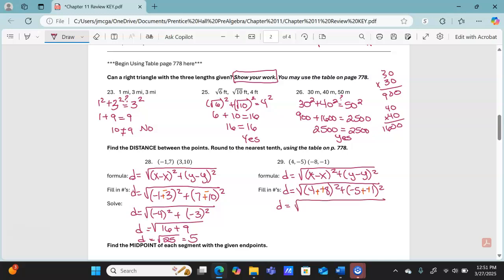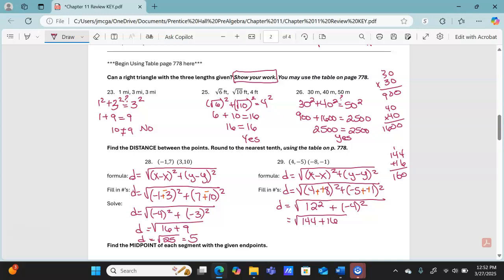You don't just change like the negative in front of that 5 up there. So 4 plus 8 is 12. -5 plus 1 is -4. 12 squared is 144. -4 times -4, which is -4 squared, is 16. So 144 plus 16, 10, carry the 1, is 160.